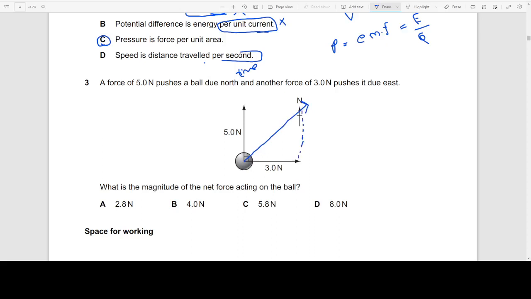This is 5 Newton. So resultant force is going to be 5 square plus 3 square, the Pythagorean theorem. So this comes out to be 5.8 Newton. Alright, so answer is C again.